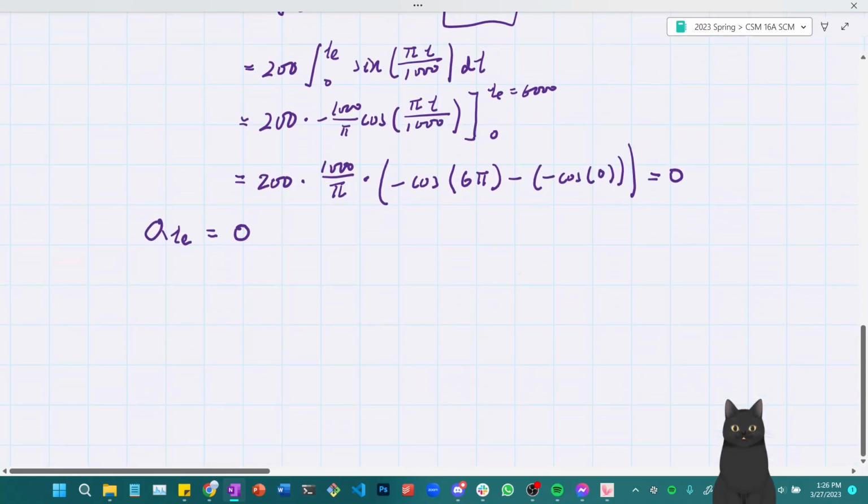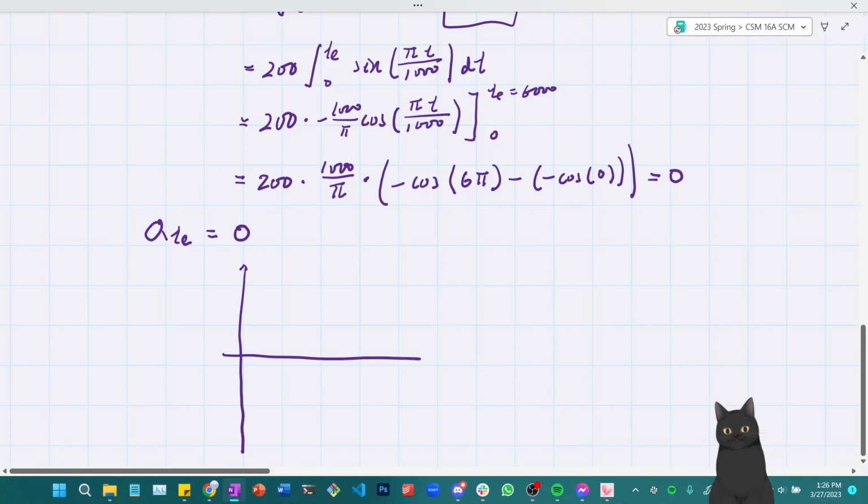So let me show you another way of doing this. Say that I have the t-axis here and the vertical axis is for the value of i(t).